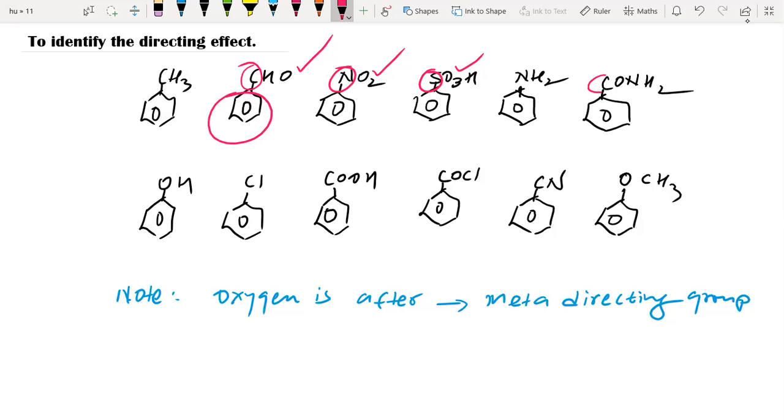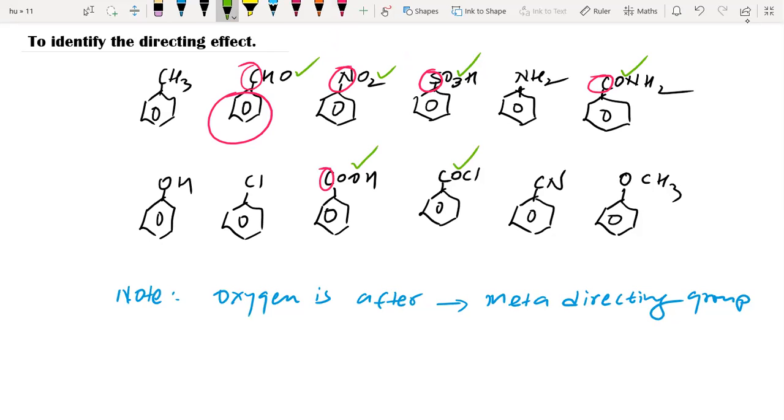Here carbon is there, here also the carbon is there, and oxygen is after. Here oxygen after, here also. Now the remaining all are ortho-para directing.